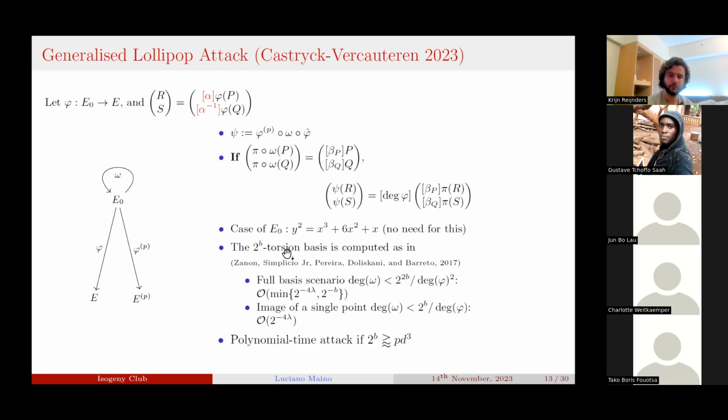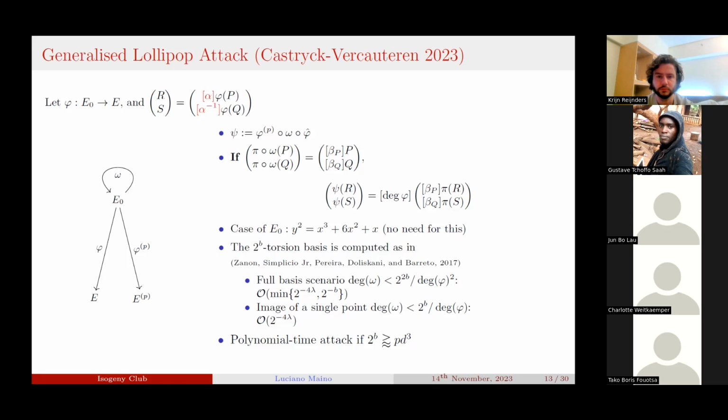This torsion basis must be a basis of eigenvectors for certain endomorphisms. But in our case, we generated the 2-torsion bases using a modification of the Elligator map. This was a speedup given by Zanon, Simplicio, Pereira, Doliskani, and Barreto in a paper from 2017, where they applied this modified version of the Elligator map to generate the 2^b torsion basis in SIDH.